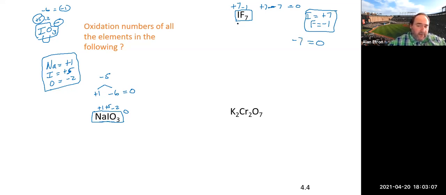Because the entire molecule is neutral, to balance that out we need a +7 on the iodine side of the molecule. So iodine is +7 plus -7, which gives us the 0 charge in this case.